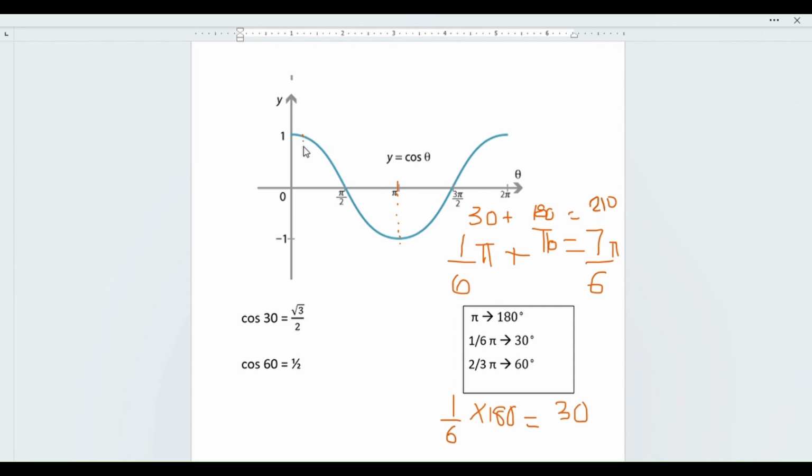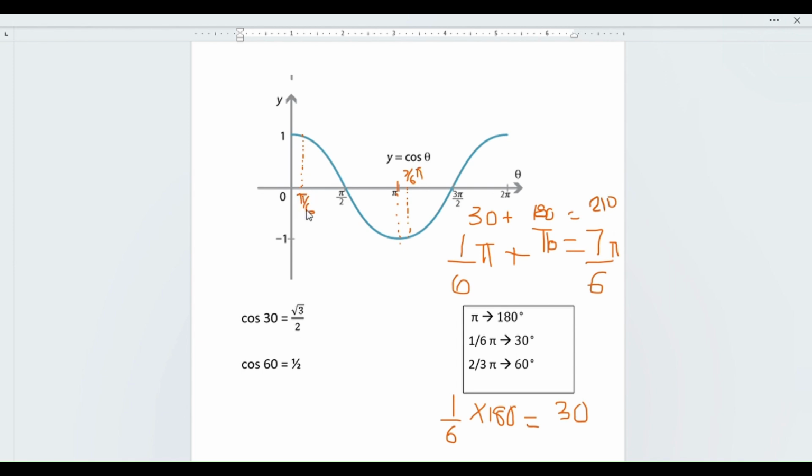So pi over 6 is basically somewhere over here. And then pi plus pi over 6 is going to come somewhere over here. So this is going to be 7 over 6 pi, which is essentially pi plus pi over 6.